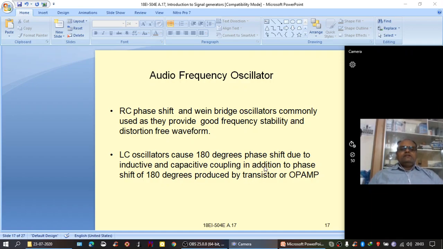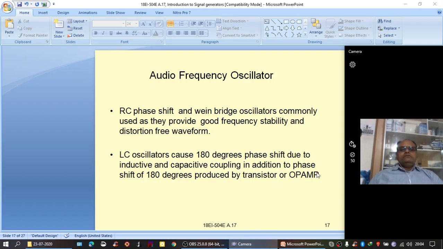And here L and C components will also provide phase shift. A pure inductor also provides 90 degrees phase shift. Pure capacitor also provides 90 degrees phase shift. If one is leading, the other one is lagging. So the L and C components produce 180 degrees phase shift, and the remaining 180 degrees phase shift is provided by the amplifier.